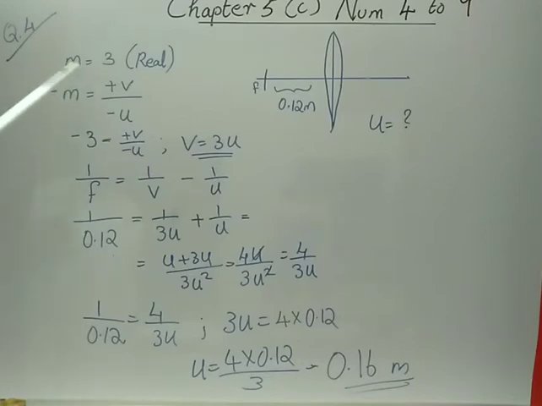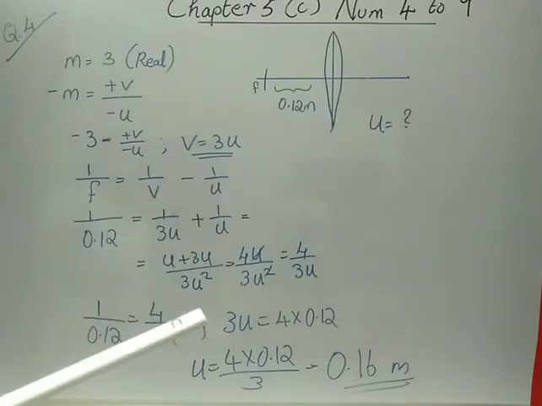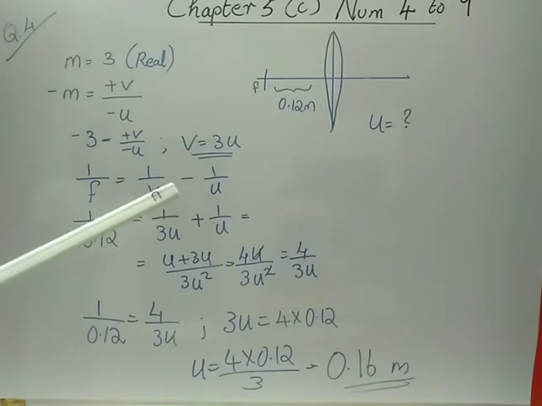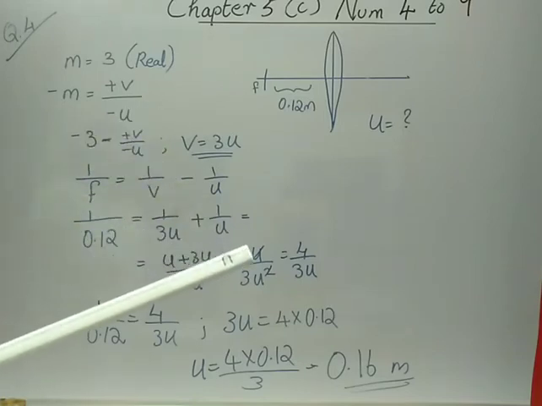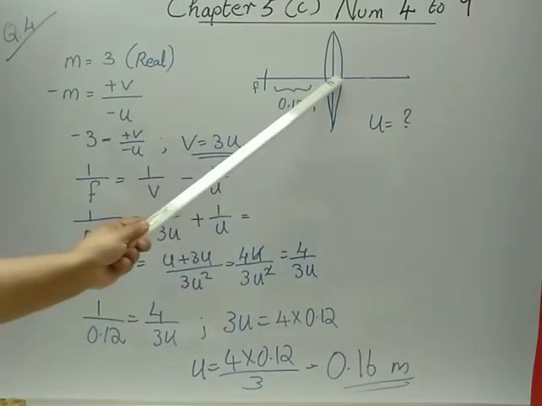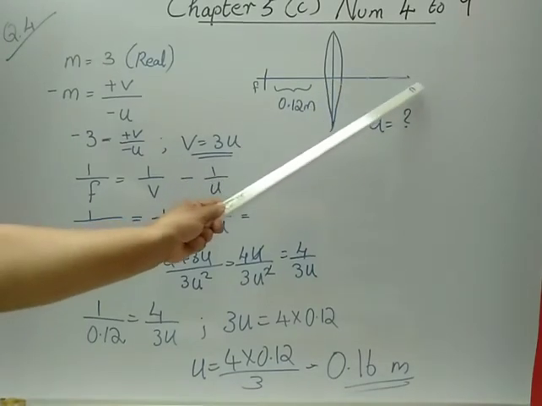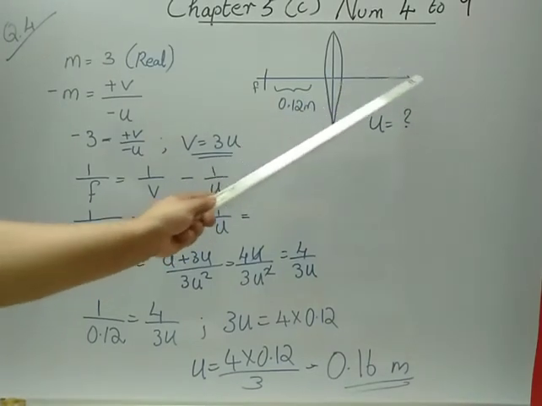Magnification is V by U. Magnification, as I just told, is negative. Anyhow, V is on the opposite side. In that case, you don't need to think whether the object is below the principal axis. No, we are taking the distance on the principal axis, the distance between the lens and the image.